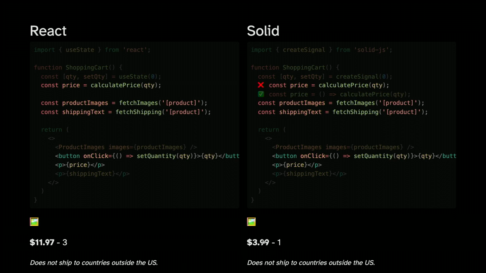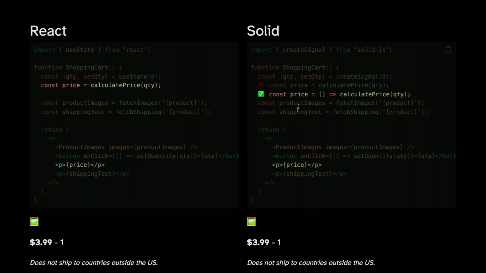In Solid, it's much different. You'll notice it will update the quantity, but it won't even update the price by default, let alone images and shipping text. That's because in Solid, the function isn't where reactivity lives, it's the state variables. So you can treat this more as a constructor that runs the first time that component pops into the page. If you wanted to make one variable react to another, you can add a little execution function in front of it.